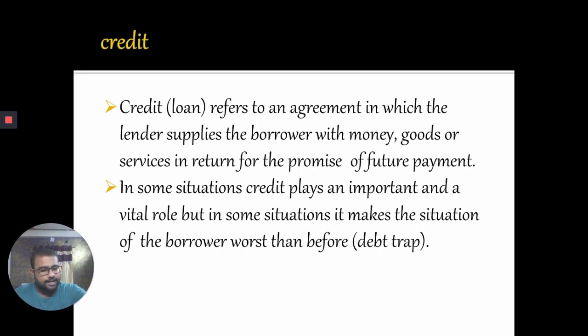It can be a bank, it can be cooperatives, it can be my friends, family, relatives, moneylenders. There are various forms of lenders that we will be studying in our next slide.